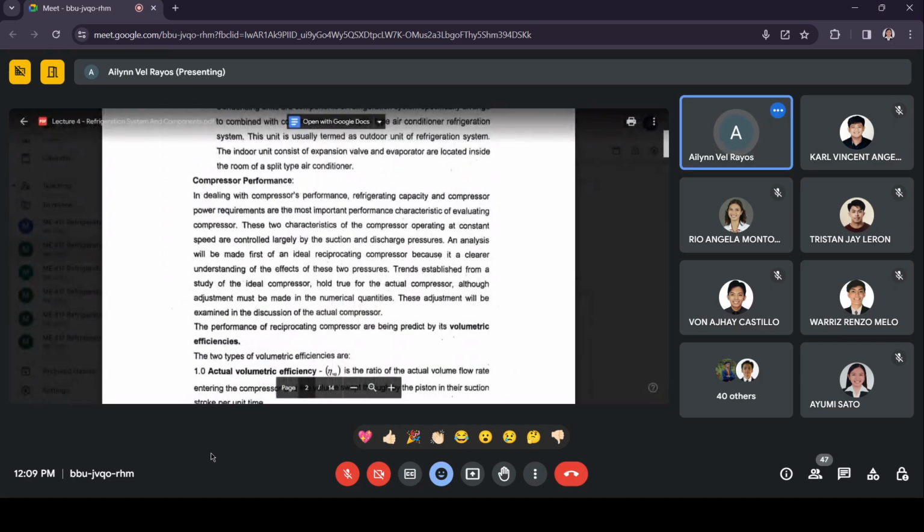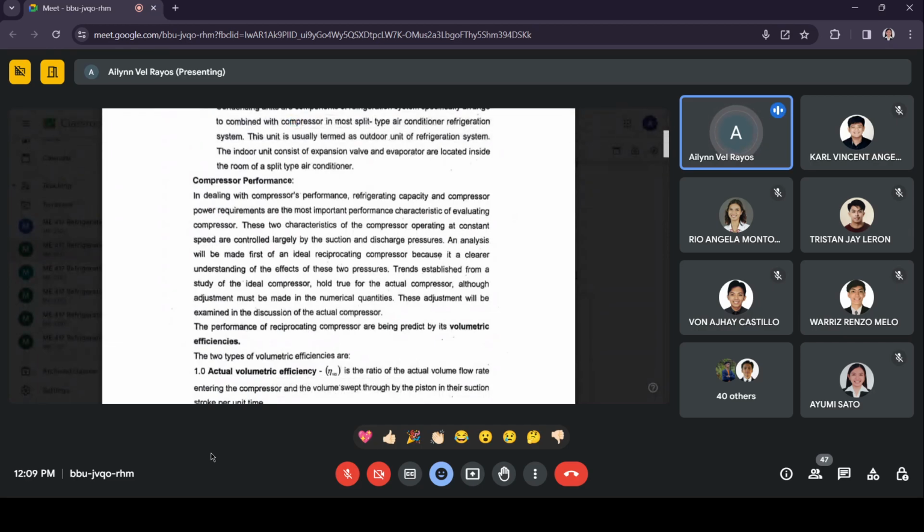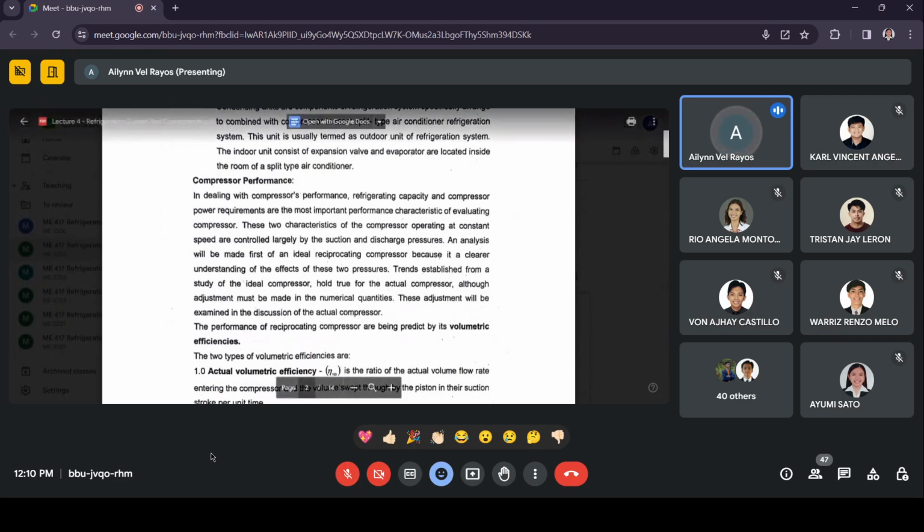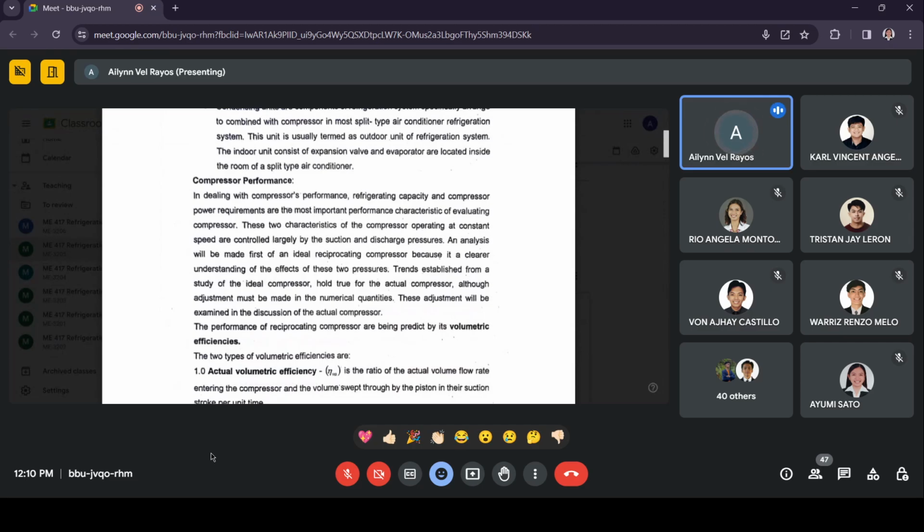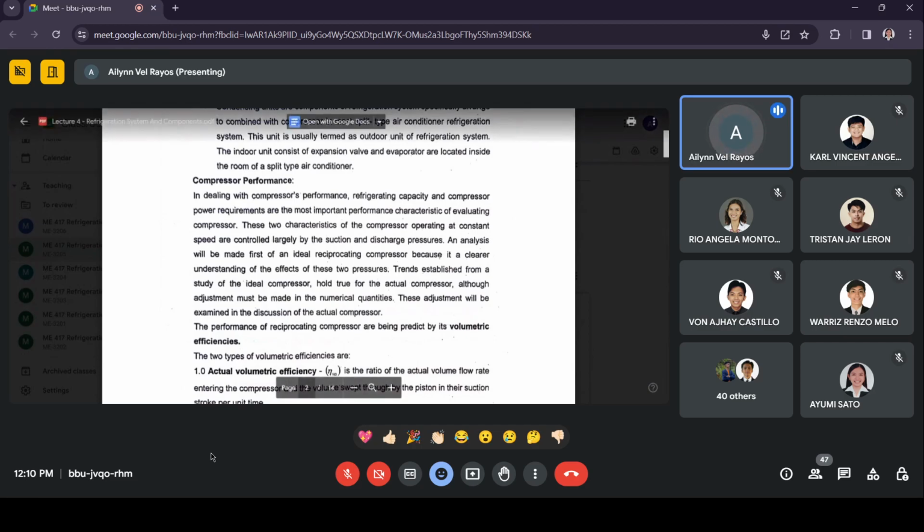Okay, so here, on our compressor performance, in dealing with the compressor performance, ito nga yung tinitingnan natin, yung refrigerating capacity and compressor power requirement. So, meron tayong dalawa. Pero, this is the most important performance characteristic of evaluating compressor, pero syempre, meron din ibang properties.